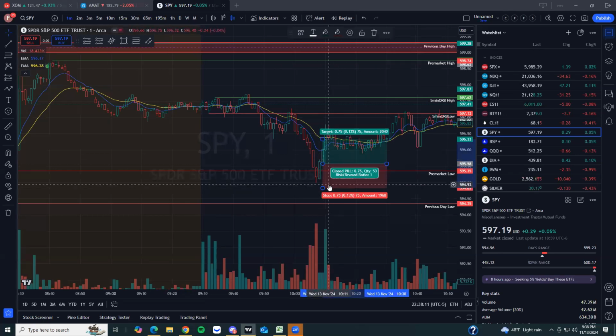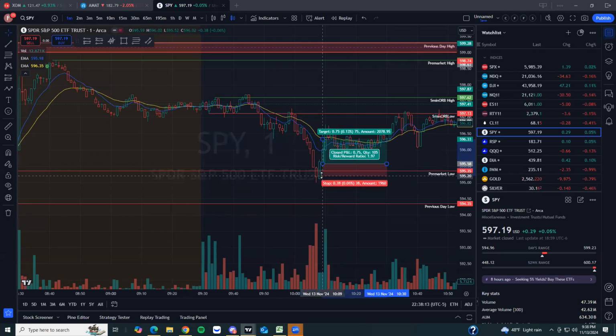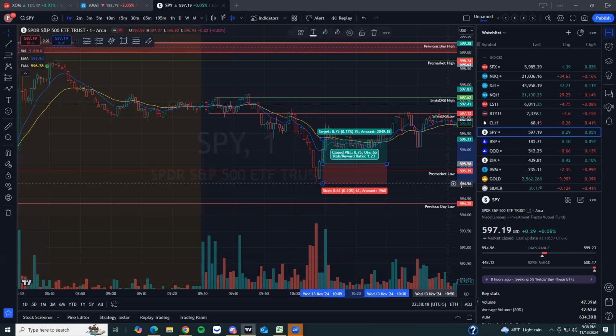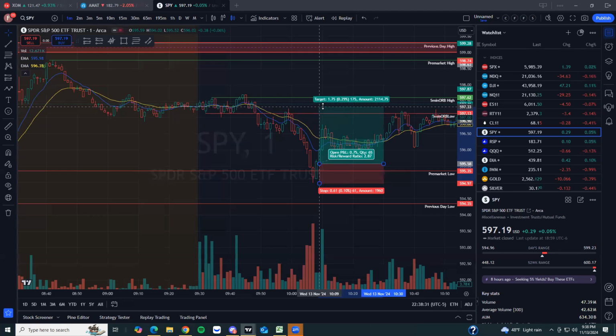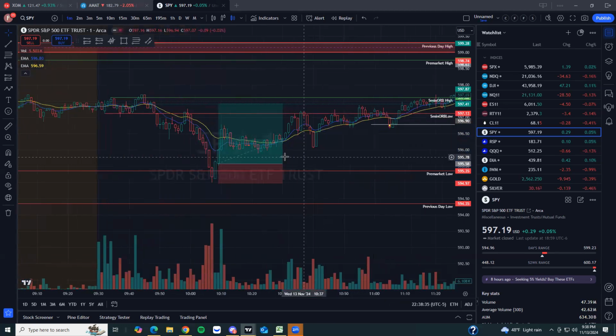And for me, it might not be a set amount. I'm going to go underneath that wick right there. And then from there, I'm going to calculate, do I have a good 2 hour trade, 3 hour trade? That's 2 hour right there. That'd be a 3 hour trade.